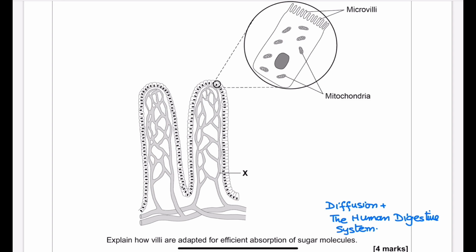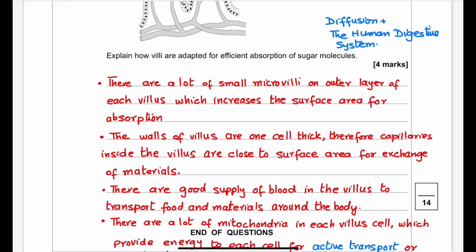Let's see the model answer. The model answer is, there are a lot of small microvilli on the outer layer of each villus which increase the surface area for absorption. The walls of the villus are one cell thick, therefore capillaries inside the villus are close to the surface for exchange of materials.